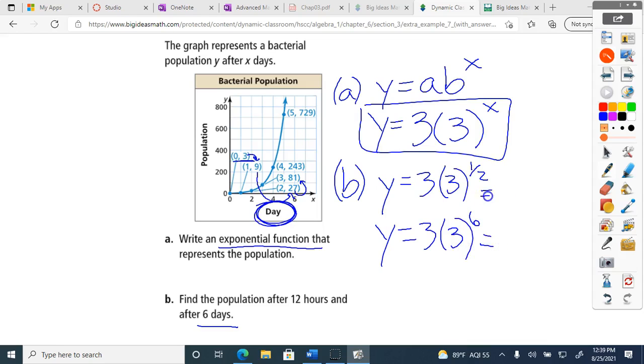So what would those be? First one's a decimal, probably 5.196. And then to the 6th? 2,187.